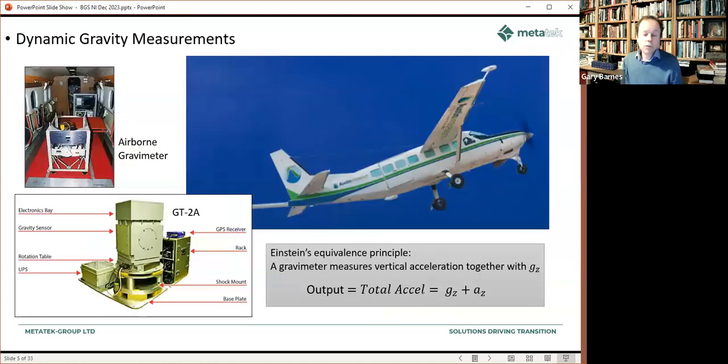But the next challenge is really, how can you make these measurements in a dynamic environment? And when I say dynamic environment, I'm really talking about the airborne situation. So the advantage of an airborne survey, of course, is that you can cover much greater areas very quickly. And also, you don't have any access problems. The land surveys traditionally followed paths and roads where access was relatively easy.